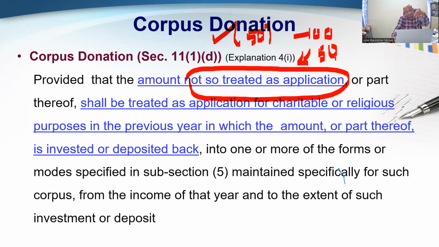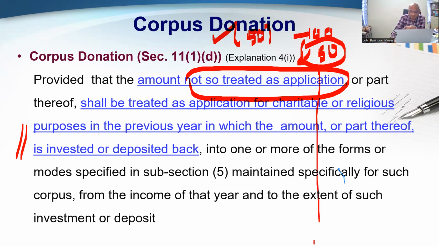This 50, because it was used and not allowed as application, the law now says that the amount which is not allowed as application will be treated as application for charitable purposes in the year in which the amount is invested or deposited back. We talked about this 50 lakh which is used.